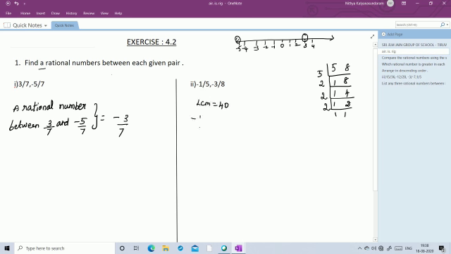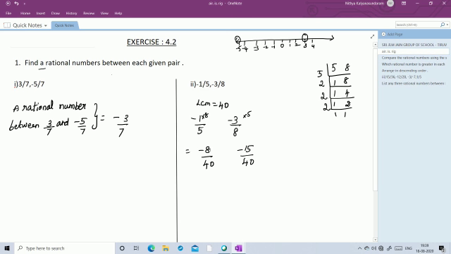So we have minus 1 by 5 and minus 3 by 8. By which number should we multiply to get the denominator 40? Here 8, then here 5. So minus 8 by 40 and minus 15 by 40. Now the denominators are same, so find a rational number in between.